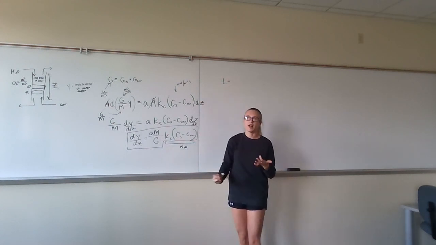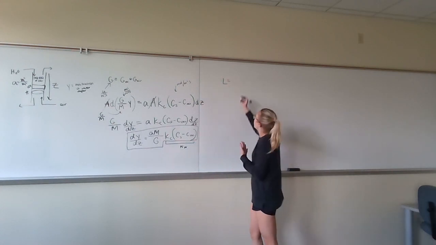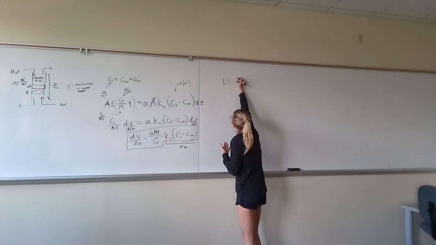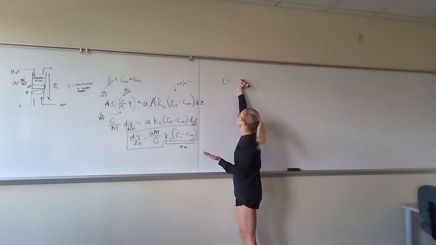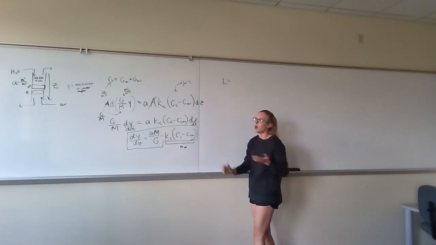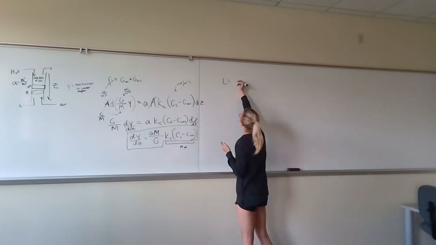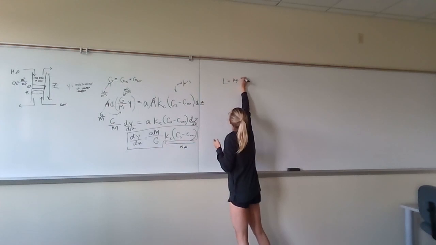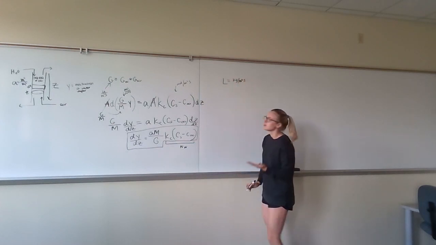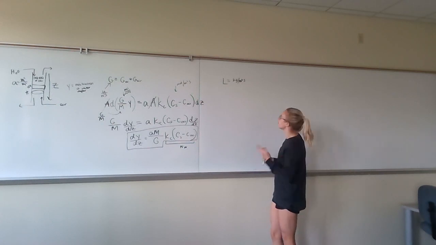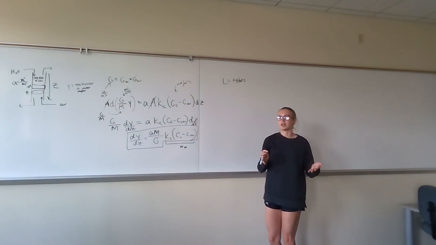I'm going to call it L, and this will be the mass flow rate of the water through the column per square meter. So this will be kilograms per meter squared, and then this will also be per second. So this will be the amount of water that is flowing through a specific area per second.